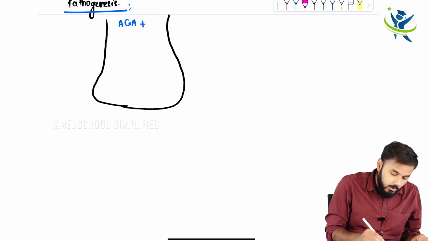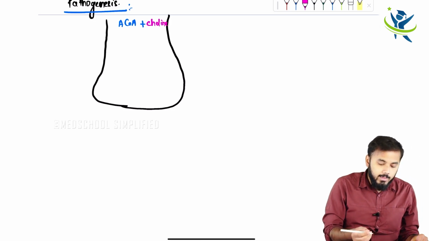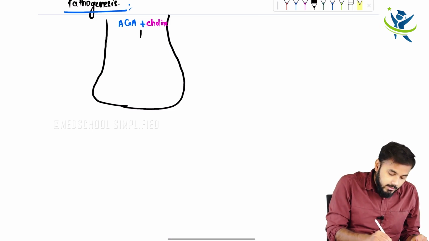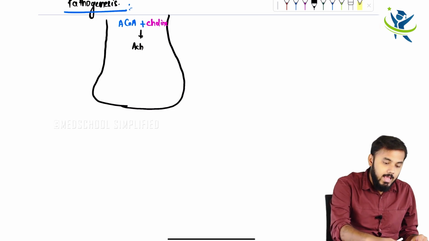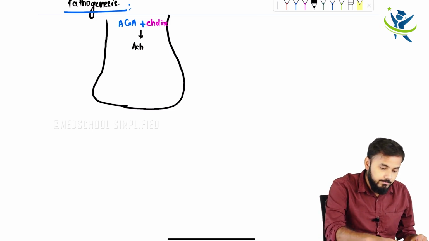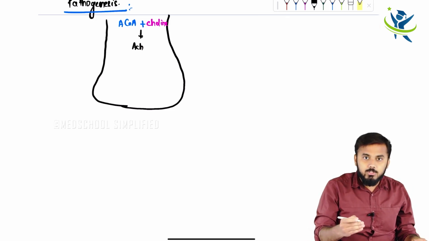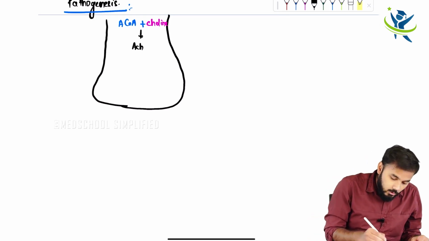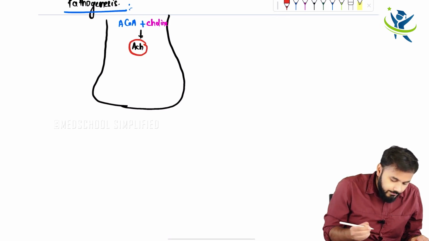Acetyl CoA combines with another molecule called choline, and together they form acetylcholine. And this acetylcholine is stored in the vesicle.